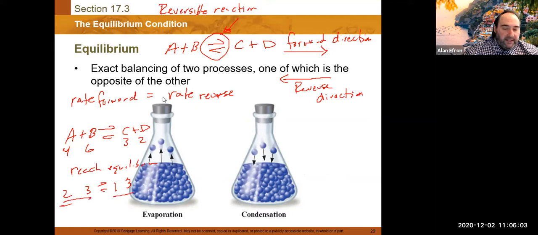Once it reaches equilibrium, if this was the molarity of each of those things, they would basically maintain that molarity. It doesn't mean that we have exactly the same amount on both sides.